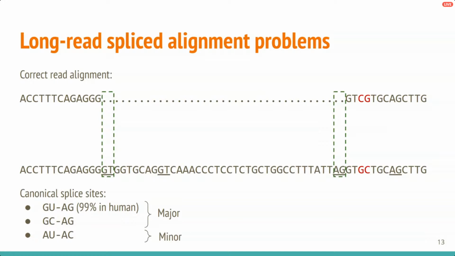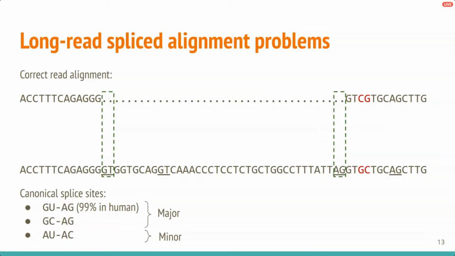And GT-AG is more than 99% of splice sites in human and mouse. So when Minimap, GMAP or STARlong tries to map a sequence, it always considers that an intron should start with GT or AT, GC, and it should end with AG or AC.